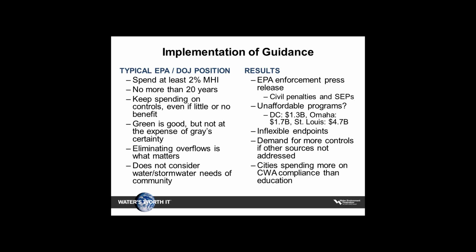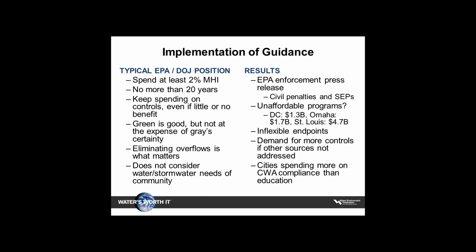You need to keep spending on your controls even if there's little or no benefit, and we'll decide when we think that you can't afford it anymore. And as Erica said, there was an acknowledgement that green infrastructure is a very good tool for communities to use in certain circumstances, but they didn't want any risk of that green infrastructure not performing as well as the gray infrastructure.